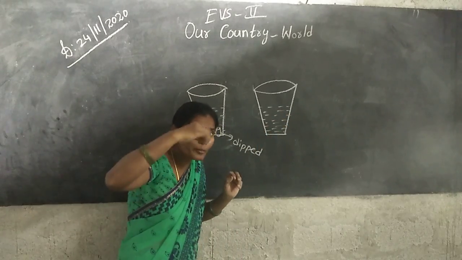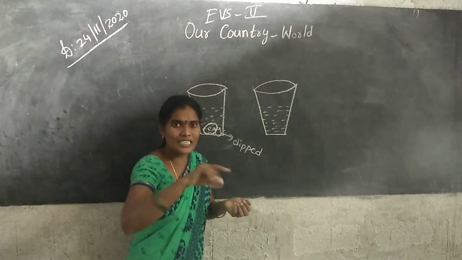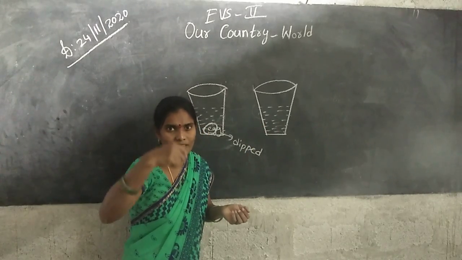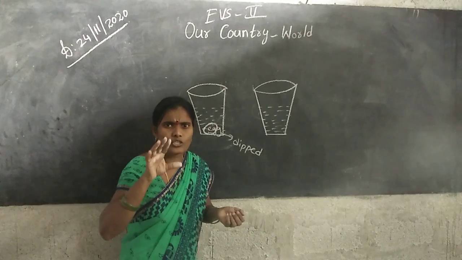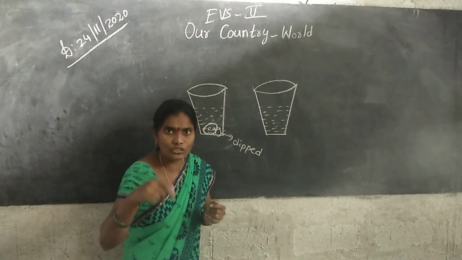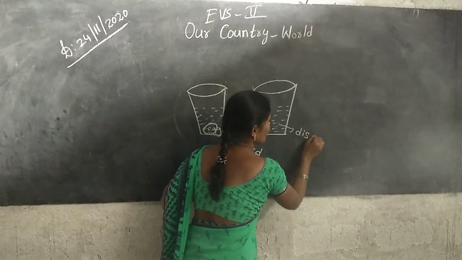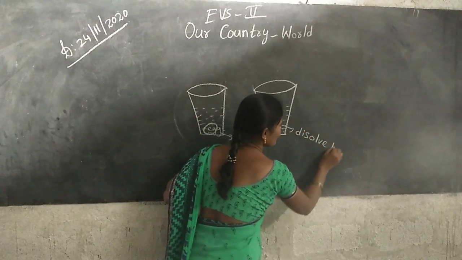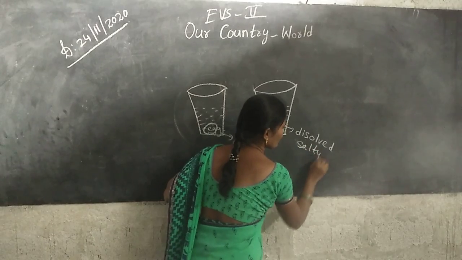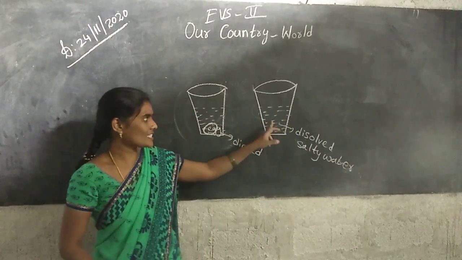Then you have to mix it well. సెకండ్ గ్లాస్‌లో సాల్ట్ బాగా వేసి ఏం చేయాలి? మనం మిక్స్ చేయాలి. మిక్స్ చేసినప్పుడు ఏమవుతుంది? సాల్ట్ మొత్తం డిజాల్వ్ అయిపోతుంది. డిజాల్వ్ అవుతుంది కదా వాటర్లో. Now dissolved salty water. This is the salty water now.